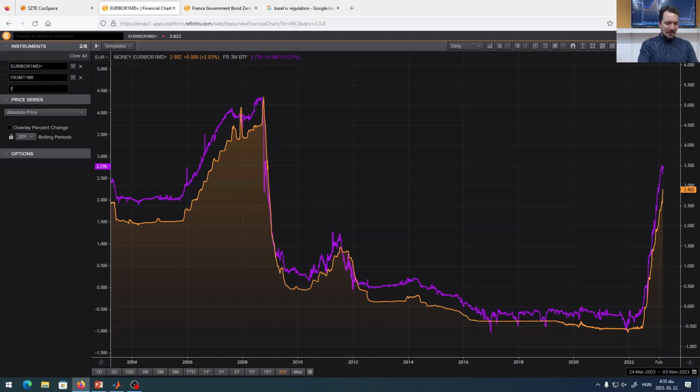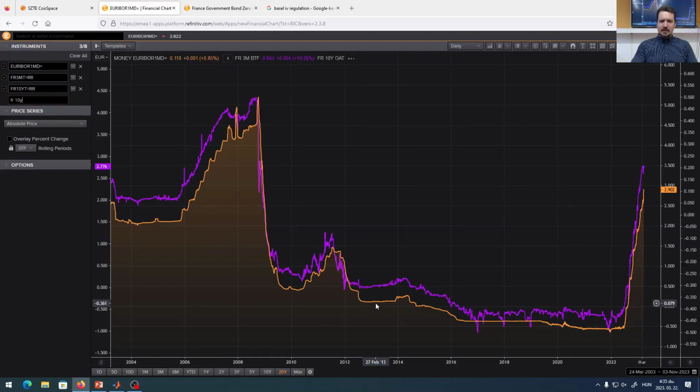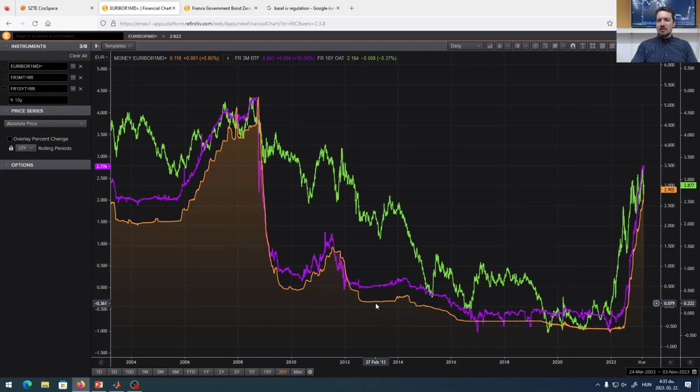Compare this to the French 10-year government bond yields. I'm using French yields because at least they were much more positive than the German ones, which would be even more disgusting. So in the case of long-term bond yields, at least they are positive.